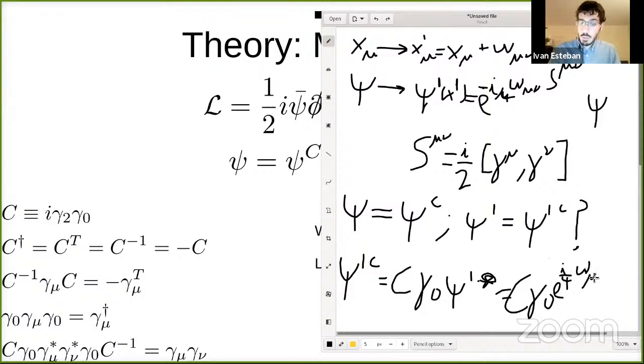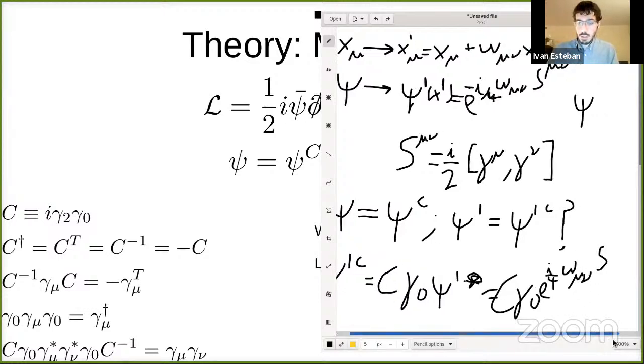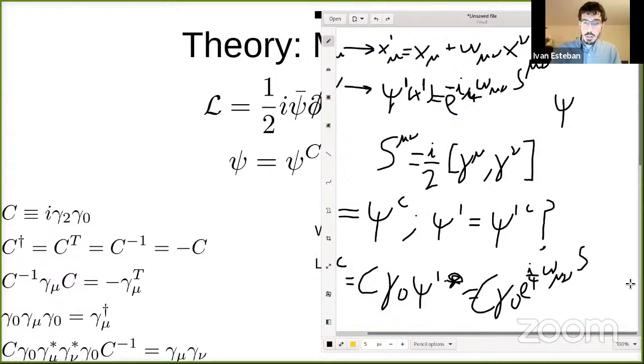Omega mu nu, the omega parameters, are real because remember that they come from a space-time transformation, and space-time coordinates are hopefully real. Then we also get here an S mu nu complex conjugate, and everything is multiplied by the field complex conjugate as well.